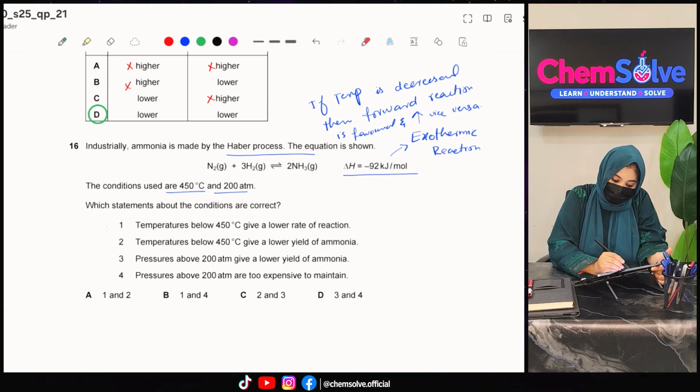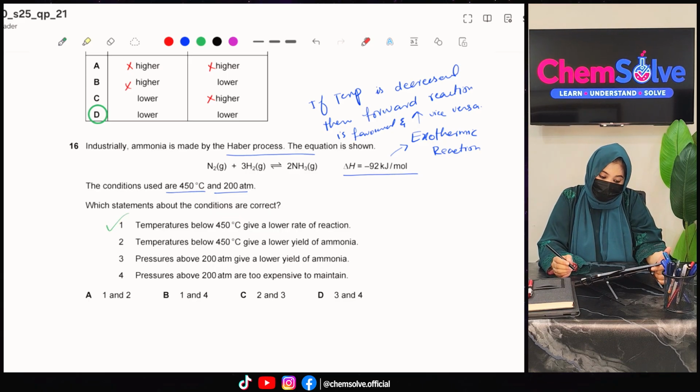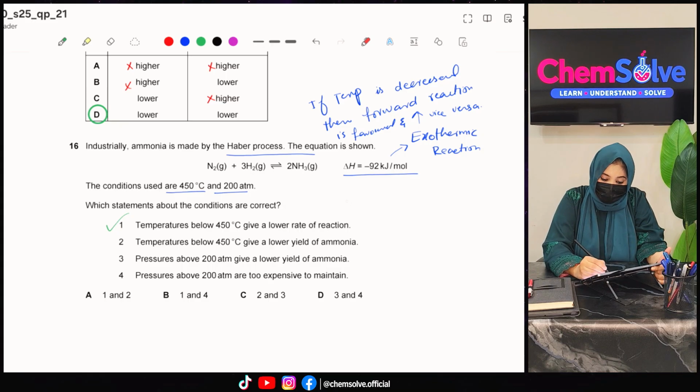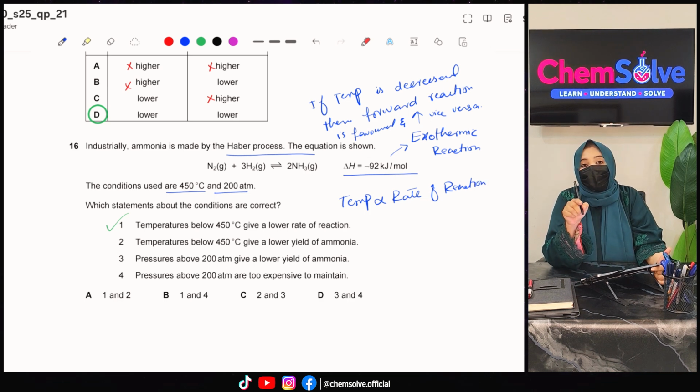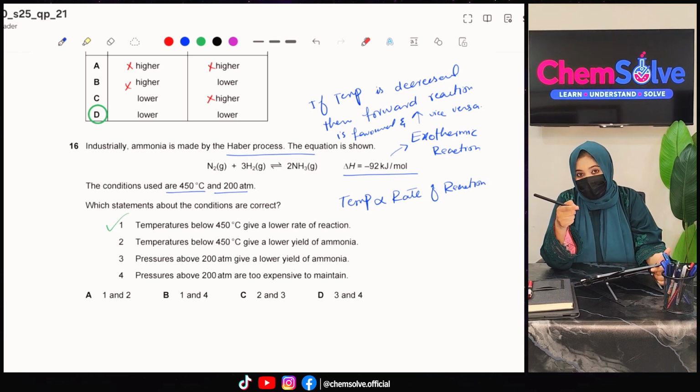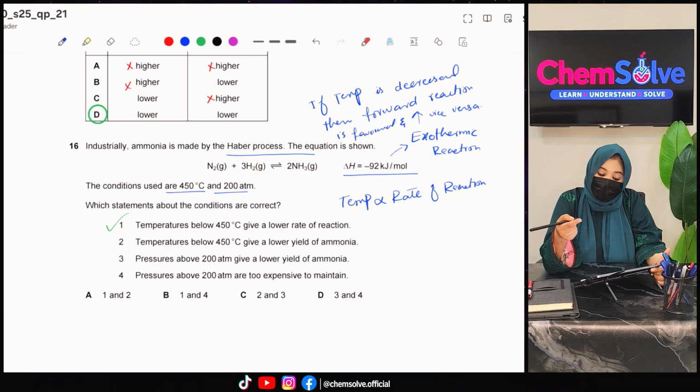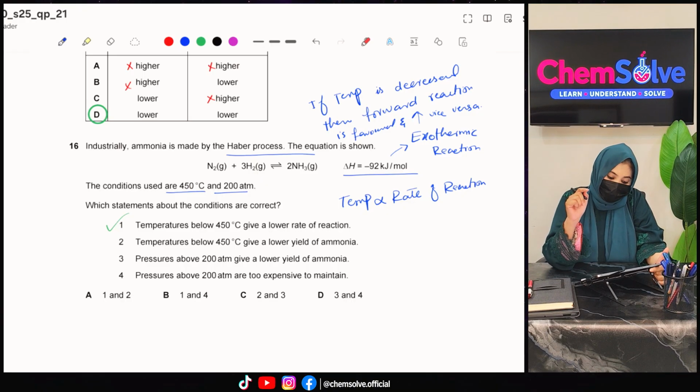Of course, this statement is correct. Why? Because temperature is directly proportional to rate of reaction. Temperature is actually directly proportional to kinetic energy, and if there is more kinetic energy, then there would be higher chances of collision, and then of course the rate of reaction would be increased.